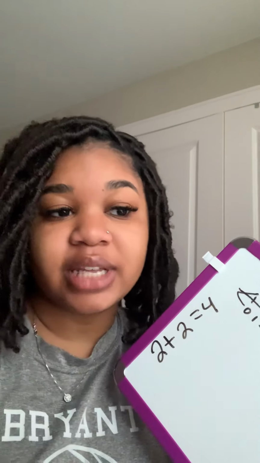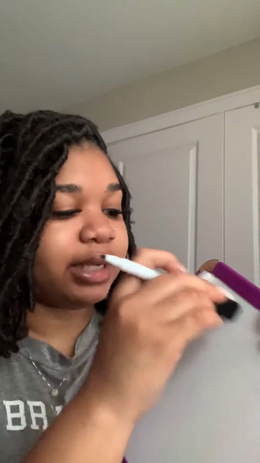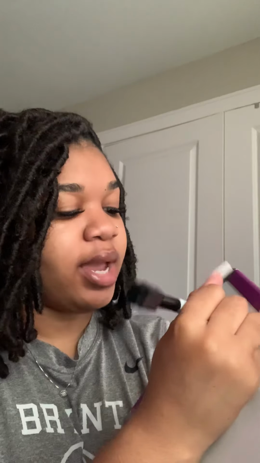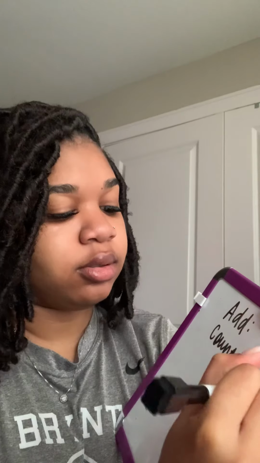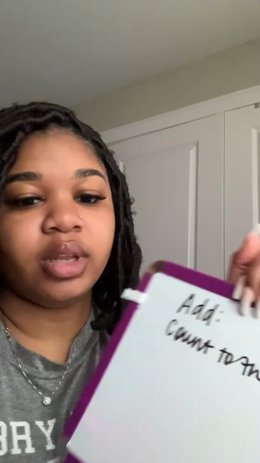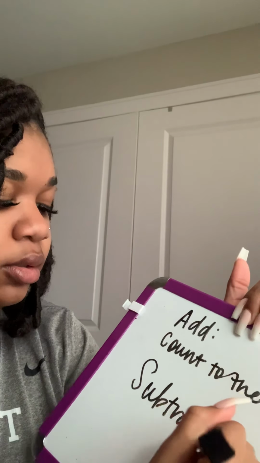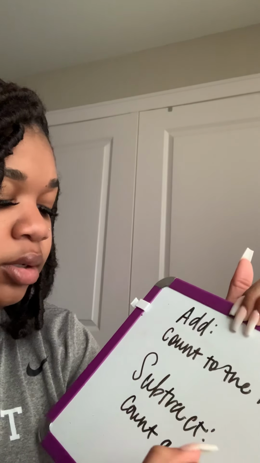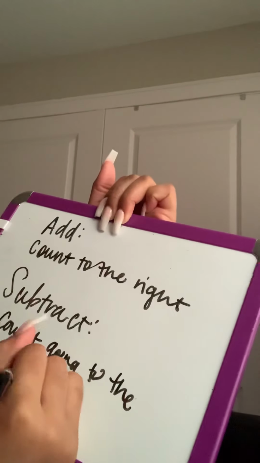So now we're going to talk about how you subtract using a number line. And it's the same thing, you just count, you're just subtracting. When you add, count going to the right. When you subtract, count going to the left.